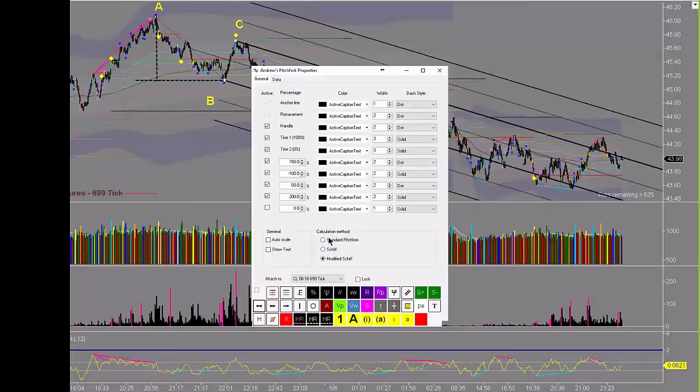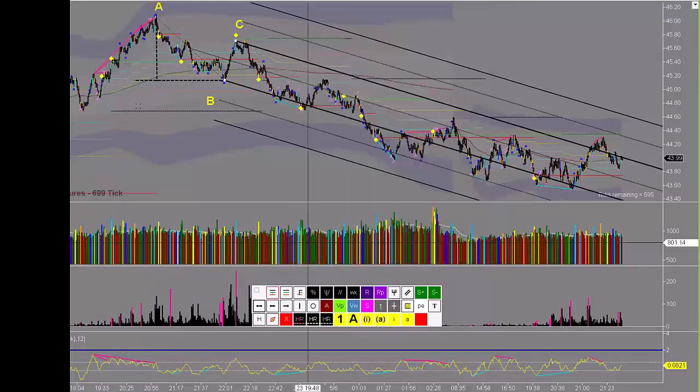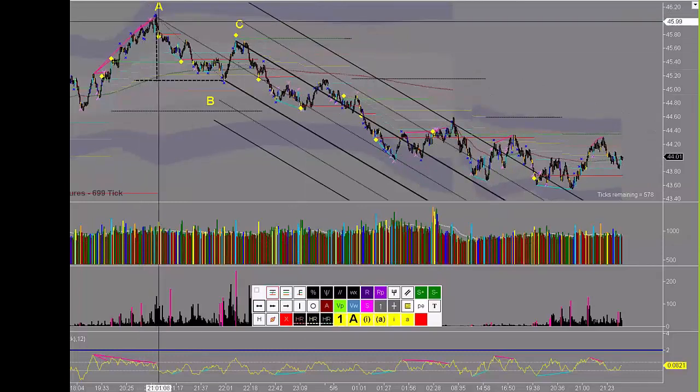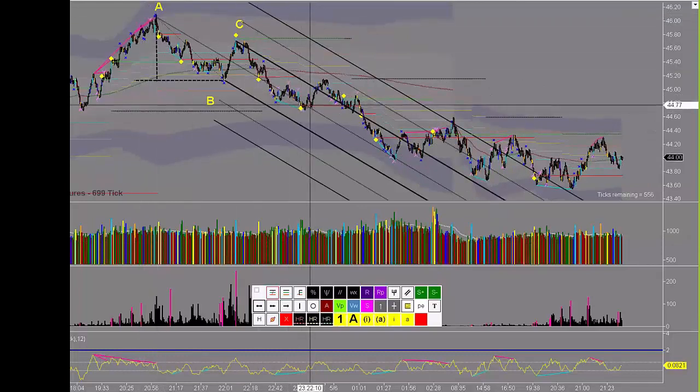So with a standard pitchfork, it's just going off your central line. Now the central line is called your median line. Now the median line is basically the angle that we're trying to get from the market. It doesn't matter whether you're using an Andrews pitchfork or a standard trend line, all we're trying to do is use the tools available to find that angle.